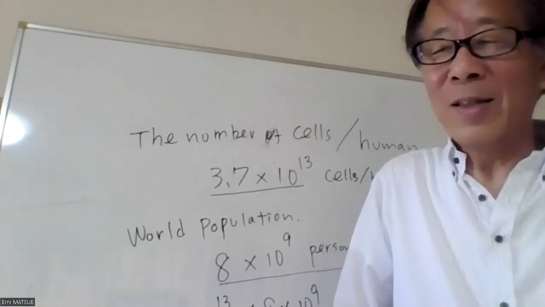And then we take the population of the world, 8 times 10^9, times the number of cells of each person. And if the result is half of the Avogadro number, very interesting. Luar biasa, luar biasa.